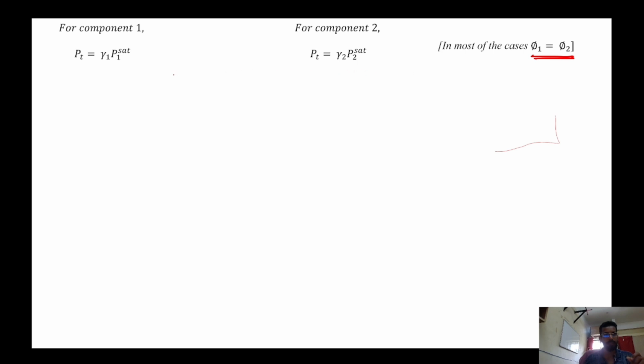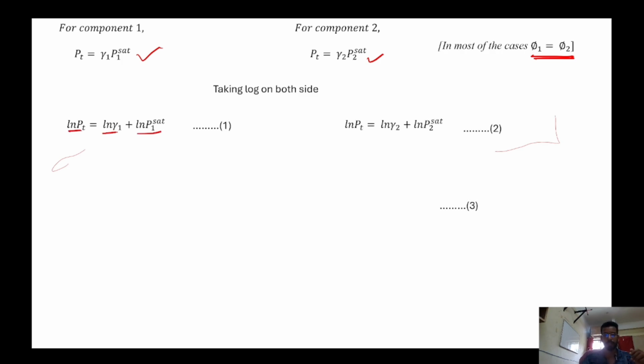So we are left with these two equations, right? Now, taking log on both sides. With the first equation, for the first component, ln Pt is equal to ln gamma 1 plus ln P1 sat. This is the property of log. Similarly, for component 2, equating 1 and 2, we will get this. Okay, just rearranging.